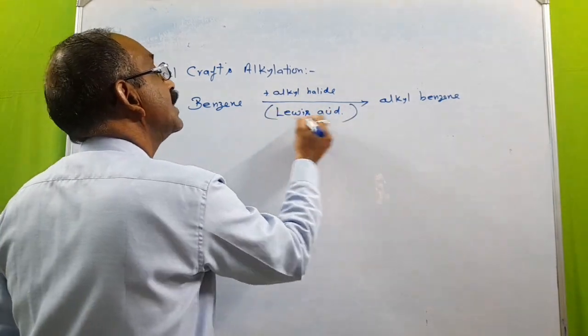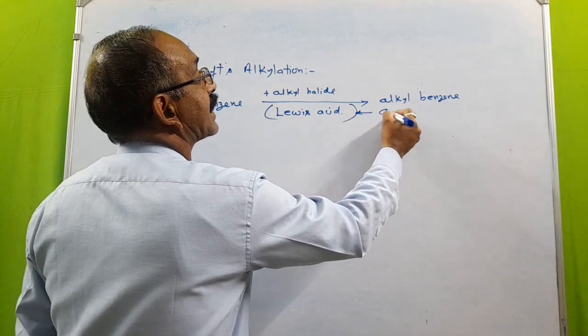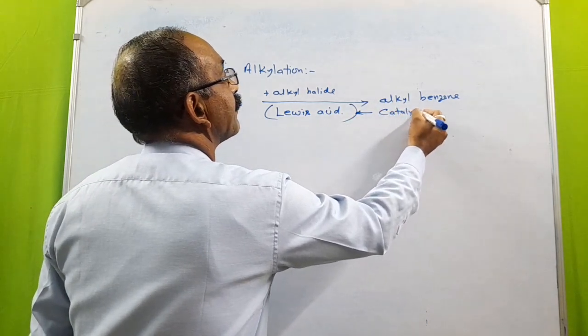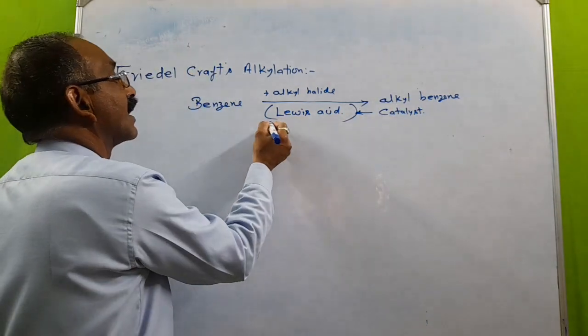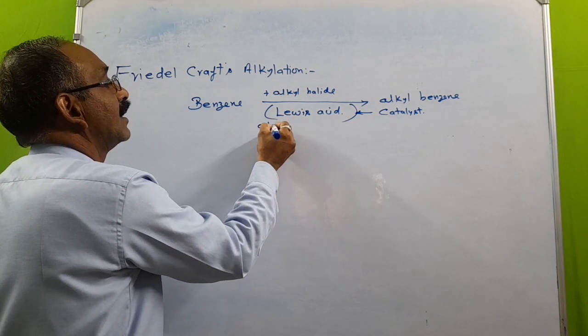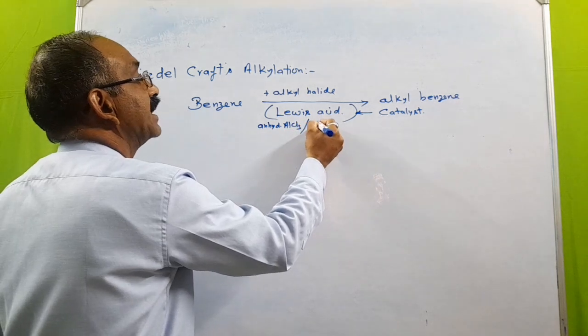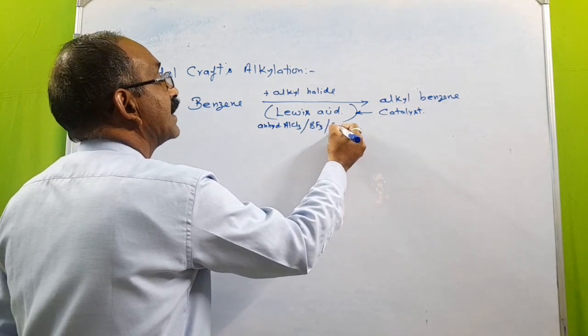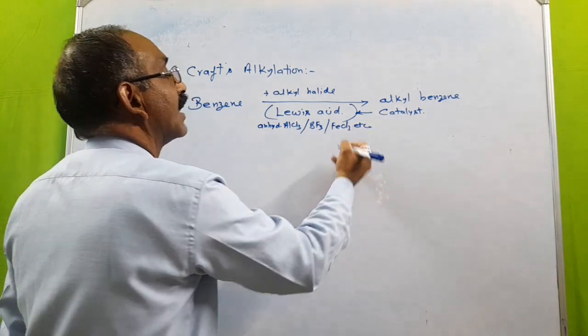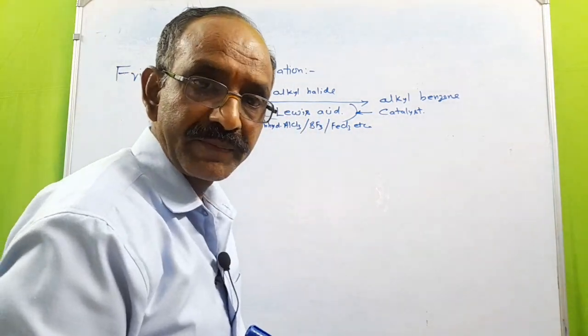Here, this Lewis acid acts as a catalyst. Anhydrous AlCl3, BF3, FeCl3, etc. are examples of the Lewis acid.